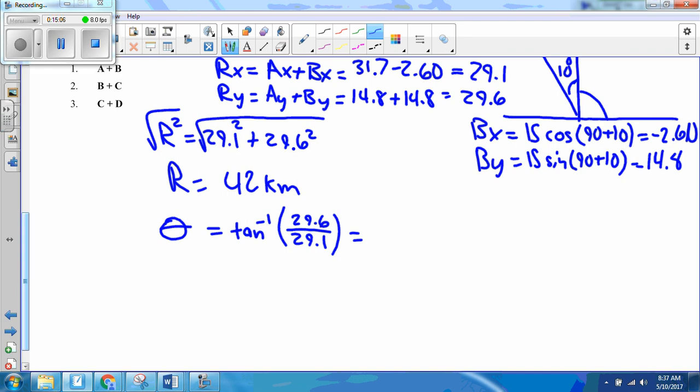You get 45.4 degrees, which is about 45 degrees. From the positive x-axis, which is east, which this means north of east. All right, so that's how vector addition works. Now we'll get on to the fun stuff.